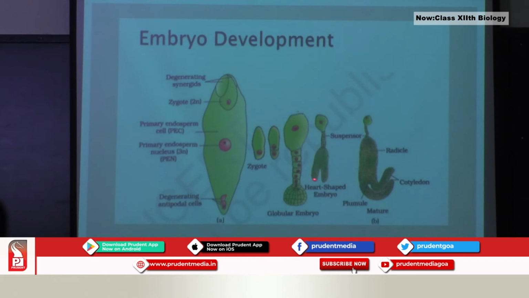From heart-shaped embryo, you get the horseshoe-shaped embryo, wherein now you notice the embryo axis is also going to be noticed here. You will be able to see the cotyledons. If it is a dicot embryo, you will have two cotyledons. If it is a monocot embryo, you will have a single cotyledon or the nutritive tissue. You will have the plumule and the radicle also that is going to be seen.